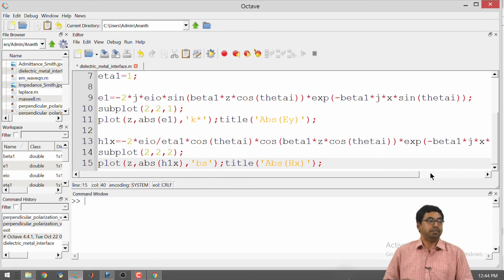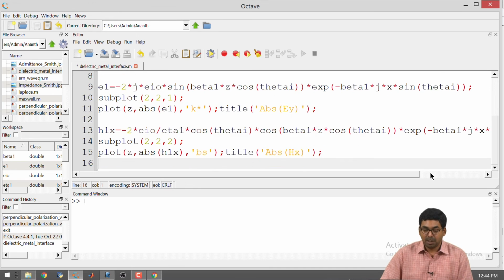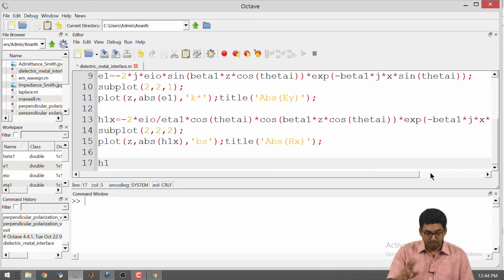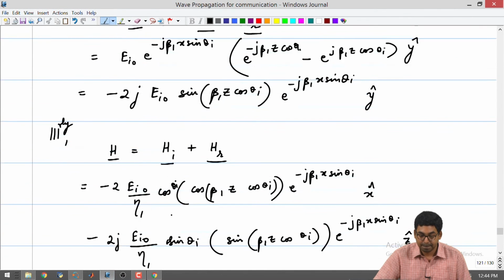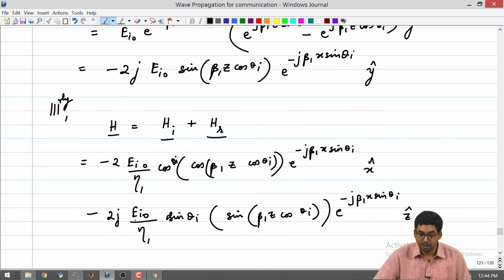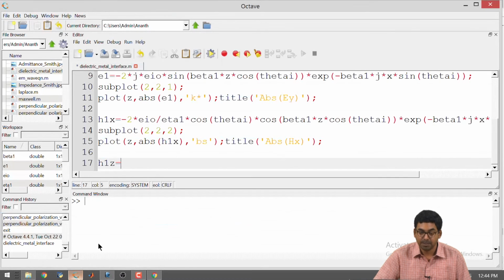Okay. So, I have taken only the x hat component of the magnetic field and I have made it as H1x. While doing this, I will also finish H1z because I have to go back and forth between the two things. So, it is minus 2j Ei naught by eta 1. I will copy paste from the previous lines a little bit.